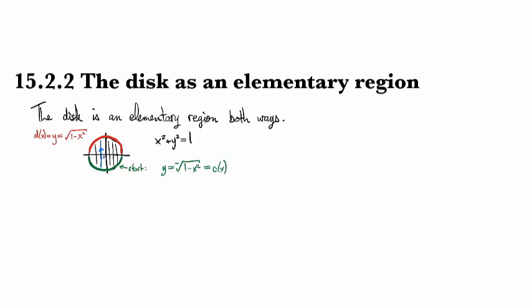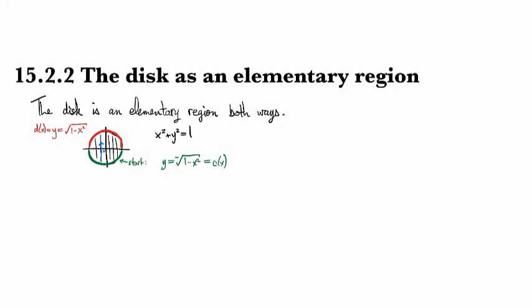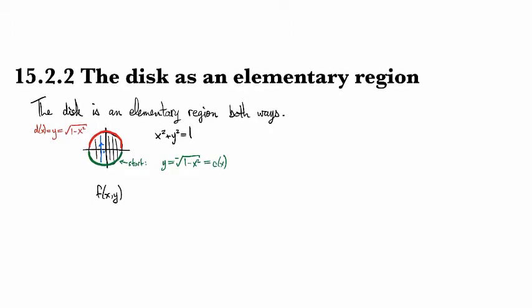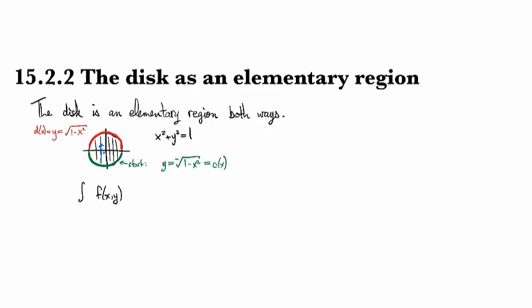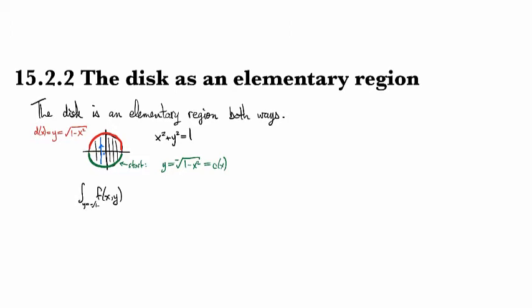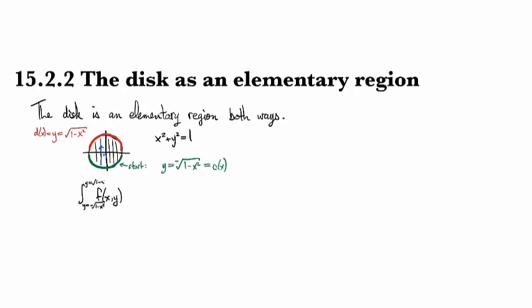Okay. So then I would take whatever my function is, the integrand that I want to integrate, and I would say, okay, so we are going to go from y equals minus square root 1 minus x squared up to y equals positive square root 1 minus x squared.